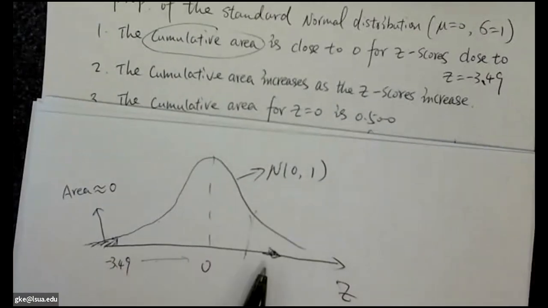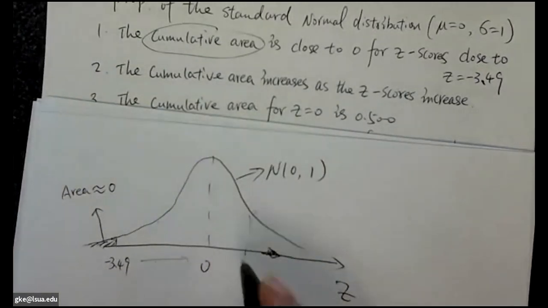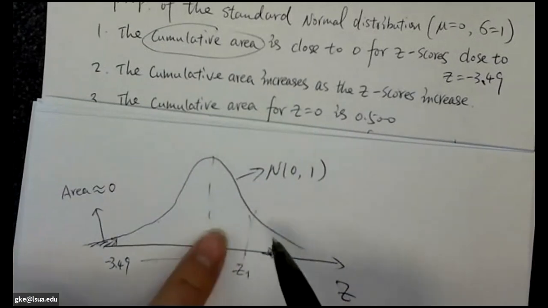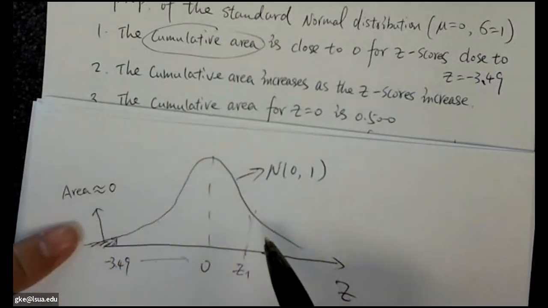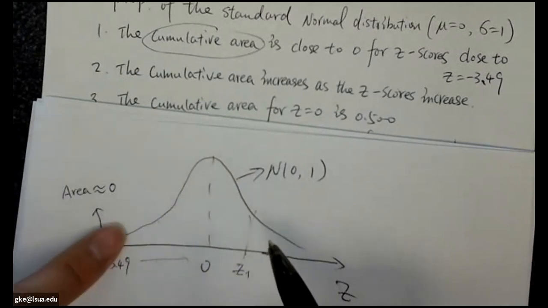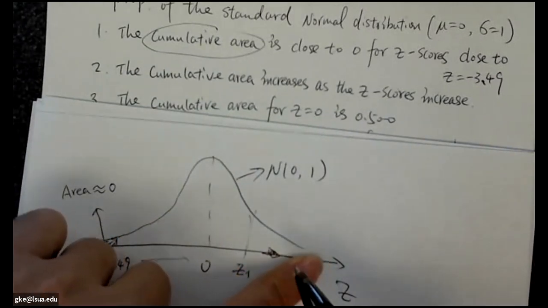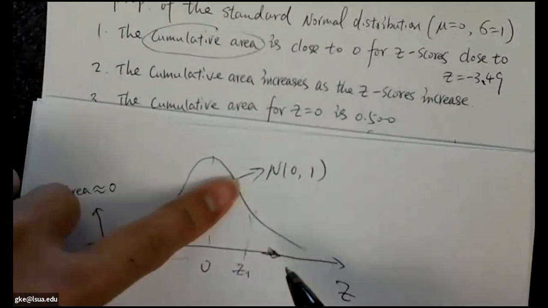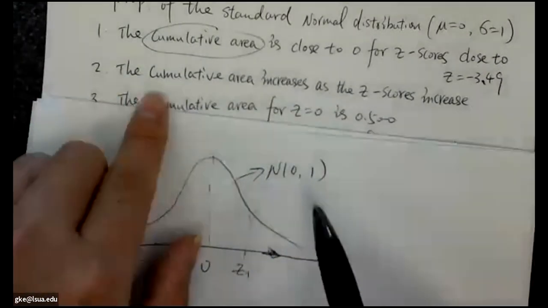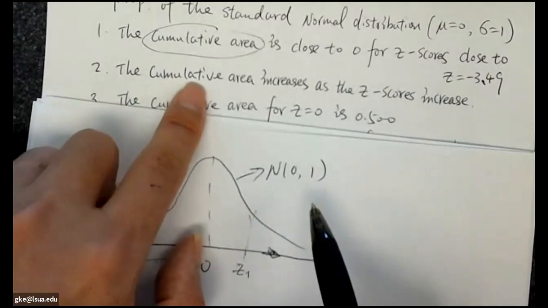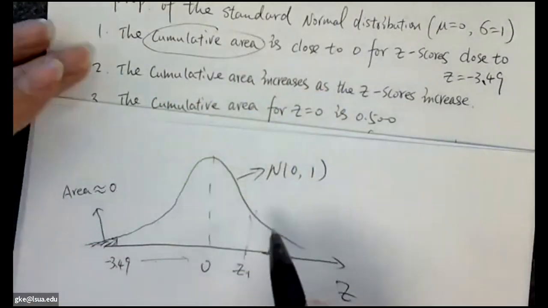If you draw another z here, the cumulative area is going to be the whole part. So if we move z1 to the right, you can see the area is increasing. Did you see the second property, right?